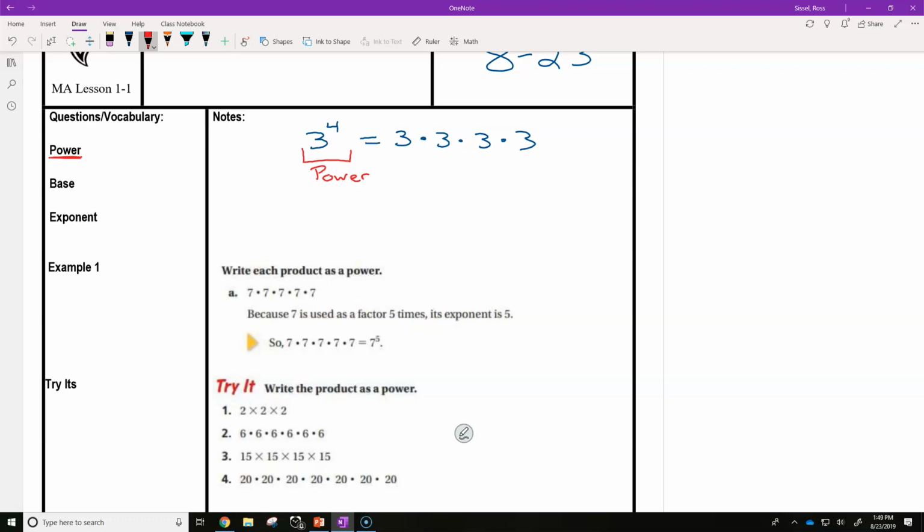A power is the product of a repeated multiplication. So 3 times 3 times 3 times 3, the power is 3 to the 4th. My second term I'm going to define is base.